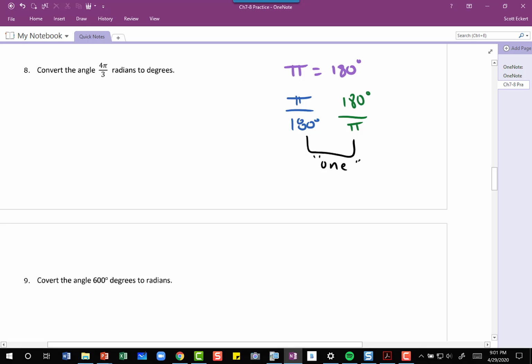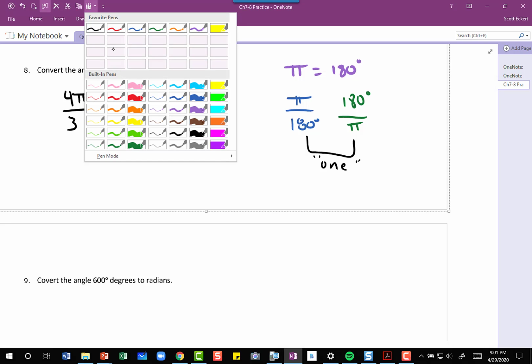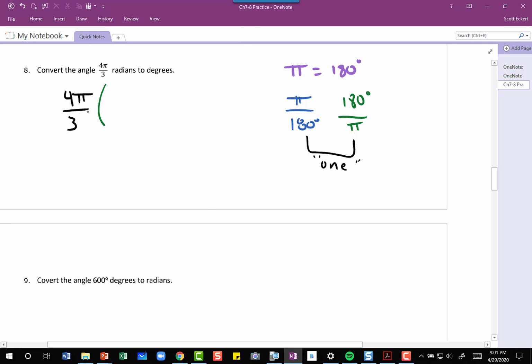So if I take 4 pi thirds, I'm going to use one of these to make degrees. So I need degrees left in the end of this work. And the only one that's going to do that is the green one. If I take 180 degrees over pi, and when I multiply, the pi's cancel and the degree unit is left.